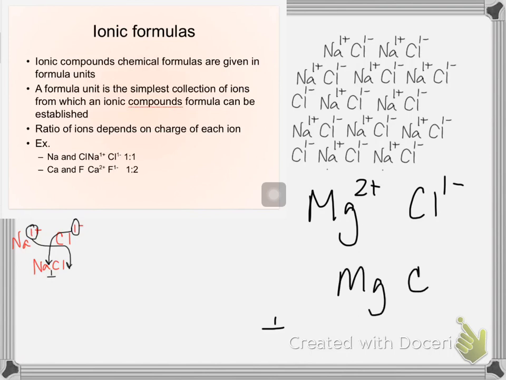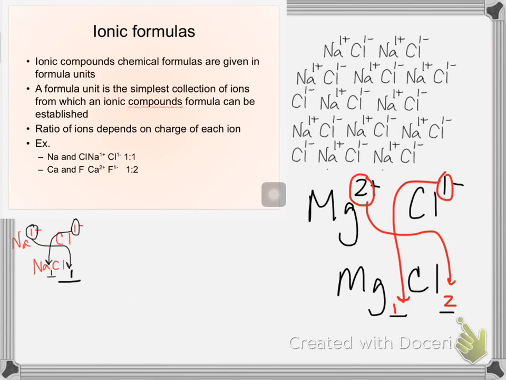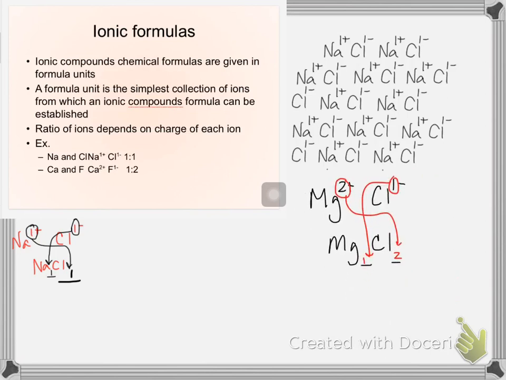To figure out the ratio, we're just going to bring the magnitude of that down here, magnitude of that down here. Now, if the subscript is a 1, we actually don't write it. The fact that we have the element there tells us that there's at least one of it. So we do not write 1s in subscripts, so this would be written as just MgCl2.